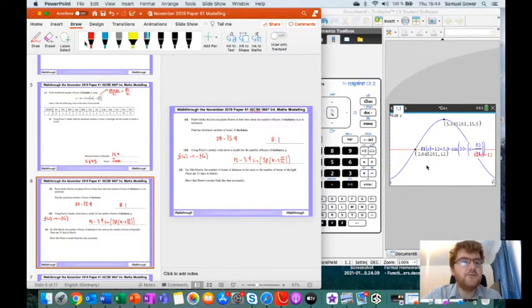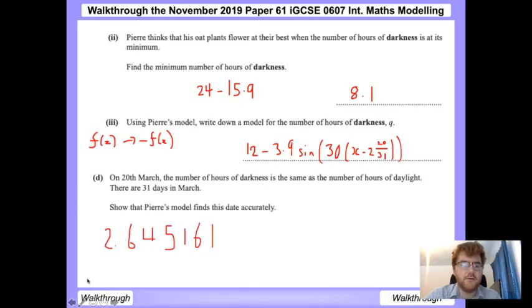I wonder if I can just use draw here, might be easier. So we get 2.645161. Now we need to show that that corresponds to the 20th of March. Well, the 2 represents March, so we need to show that this decimal gives us 20.